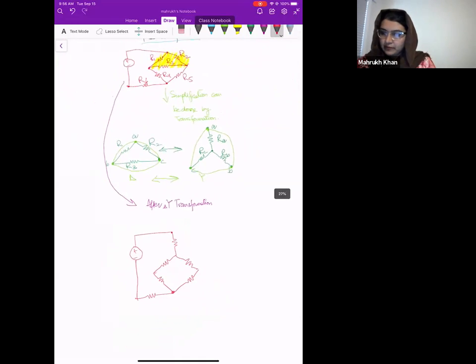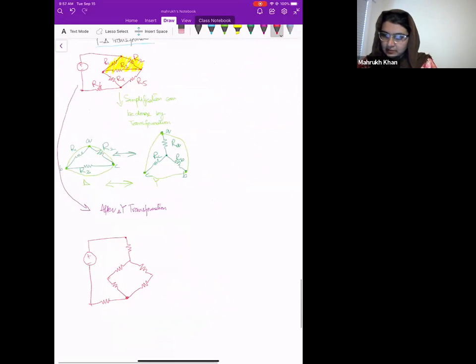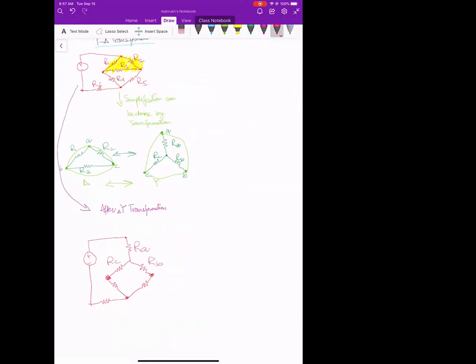So if you see this, I'm just trying to do this so that you can see that I just replaced these three nodes, with R1, R2, and R3 replaced with RA, RB, and RC, right? Can you see how it is becoming easier to solve this one now? You could see what's in series and what's in parallel.